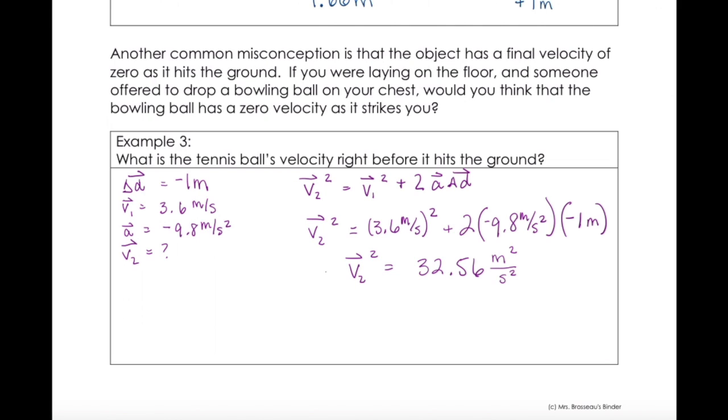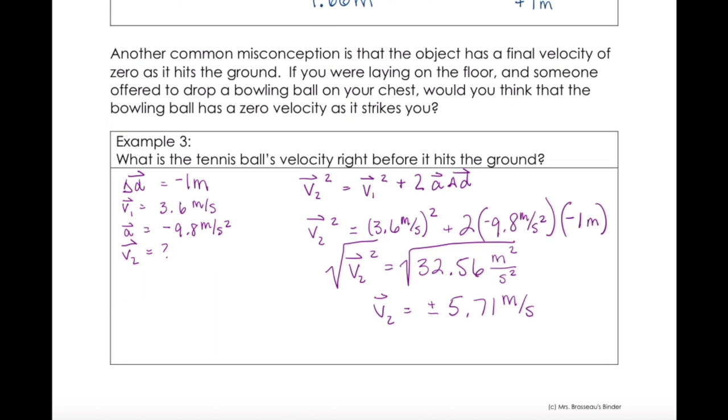Right, so we would have to take the square root of both sides. We should get that the final velocity is, if we're looking at it from the math standpoint, plus or minus 5.71 meters per second.